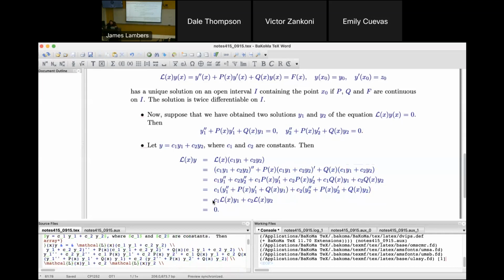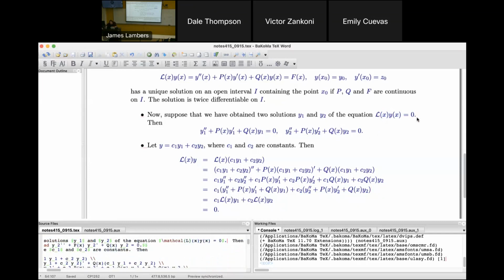But then, so Ly is equal to C1 Ly1 plus C2 Ly2. But y1 and y2 are both solutions of the ODE Ly equals 0. So the whole thing is 0.